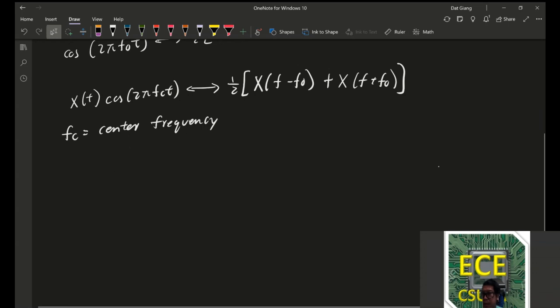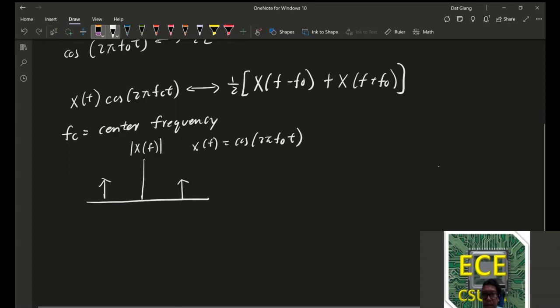So suppose this was a cosine function. Then in this situation, the frequency domain, or at least the magnitude of it, looks something like this. In the event x(t) is equal to cosine of 2 pi f naught t, where, actually, just to keep it consistent with analog communication, fm.